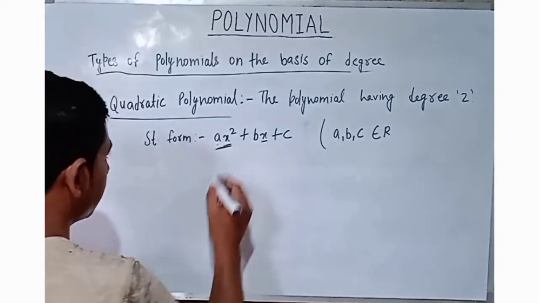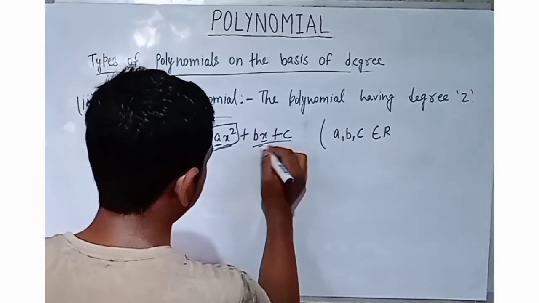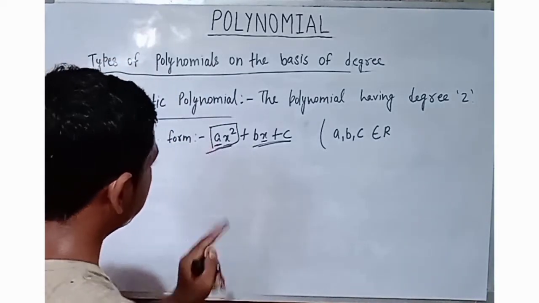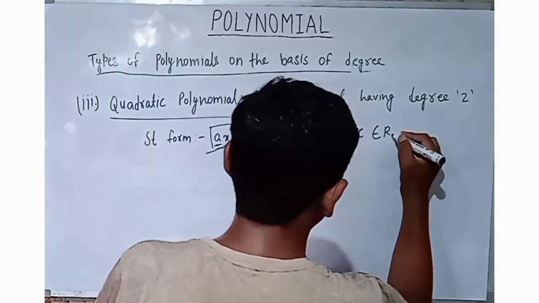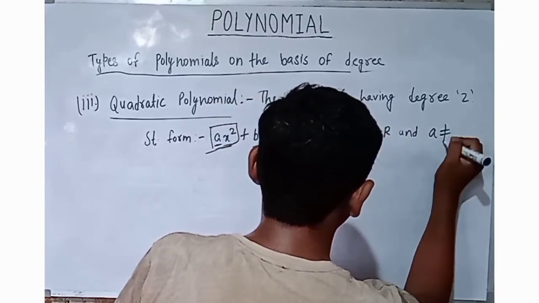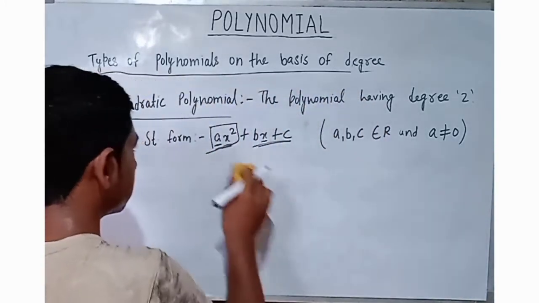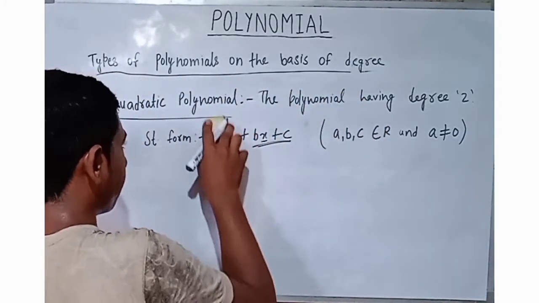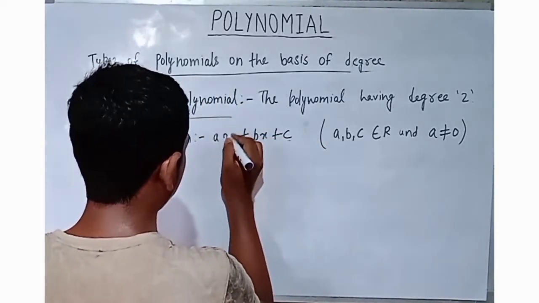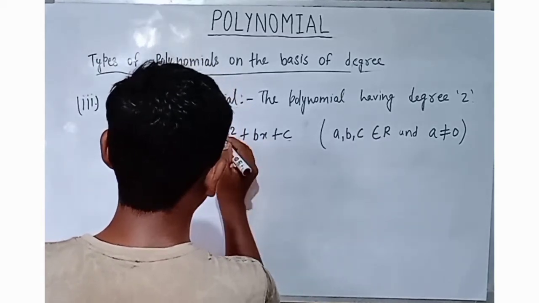If a is 0, then this whole term will be 0, and it will become a linear polynomial. That's why I am saying that a should never be equal to 0. Remember this.